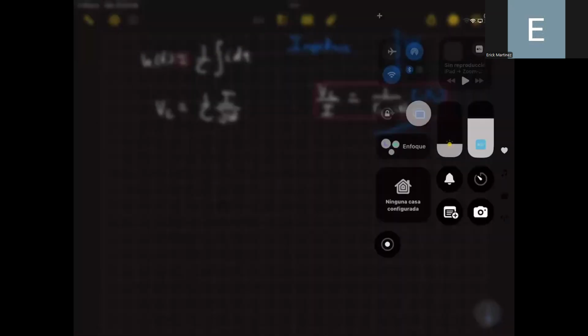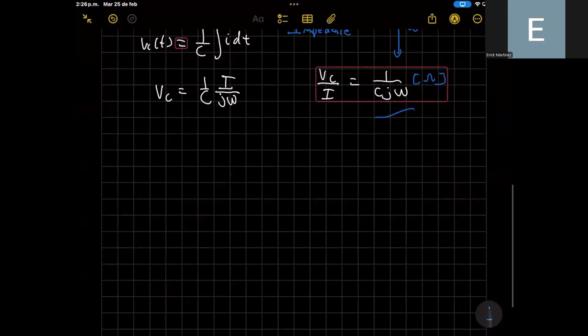So let me go to my tablet in order to show you how you can solve this type of exercise. In order to simplify a circuit using the admittances, we first need to know the frequency of our circuit. In this exercise, we have a frequency equal to 50 radians per second. The circuit that we have is the following.